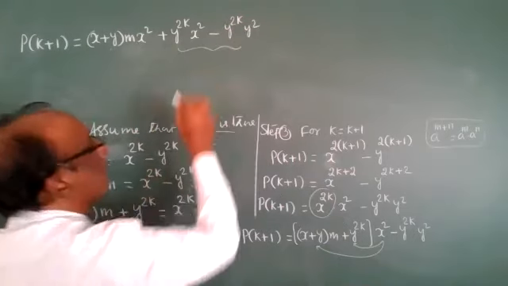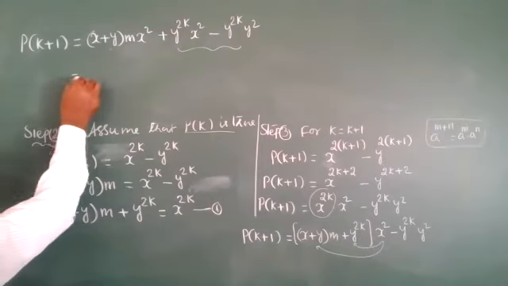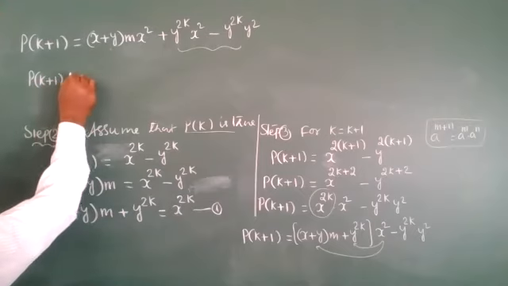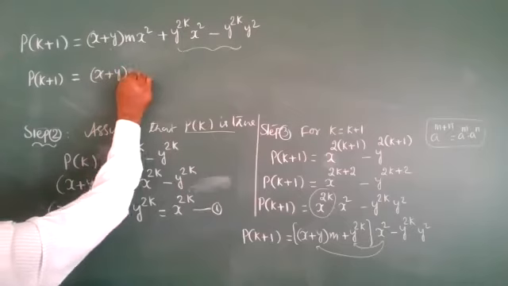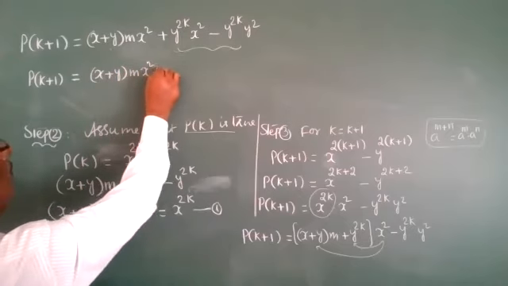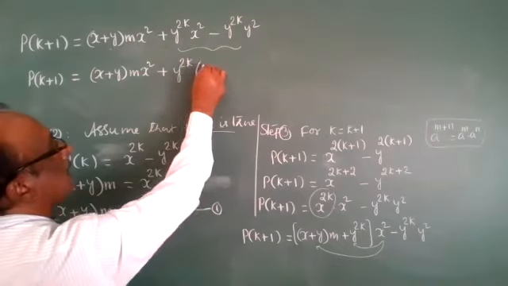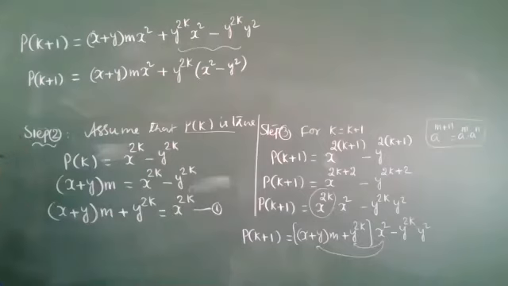If we take these two y power of 2k common, P of k plus 1 is equal to x plus y m into x square, y power of 2k is common, here is the x square minus here is the y square.